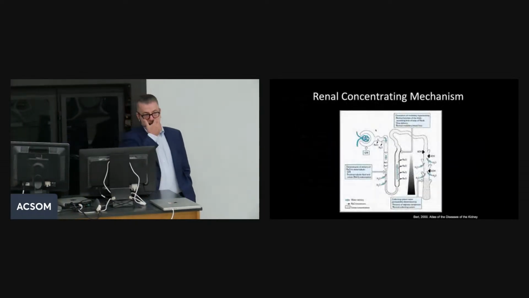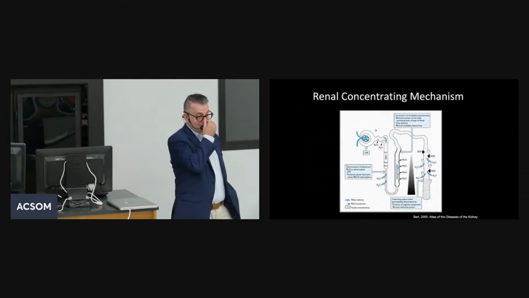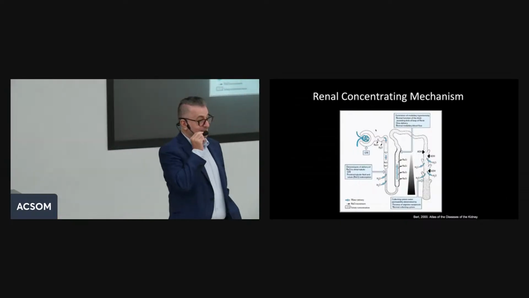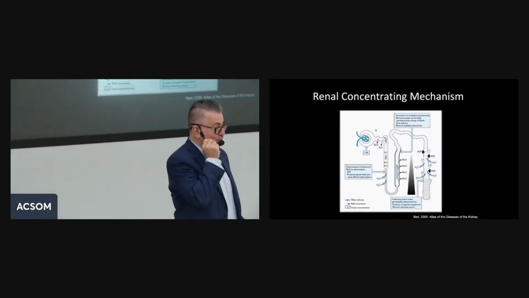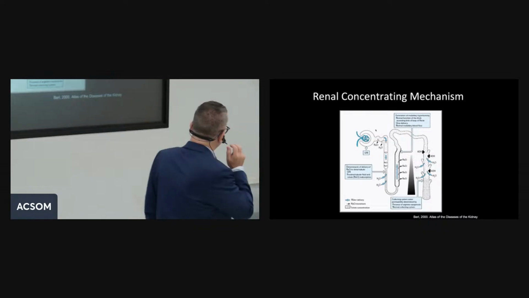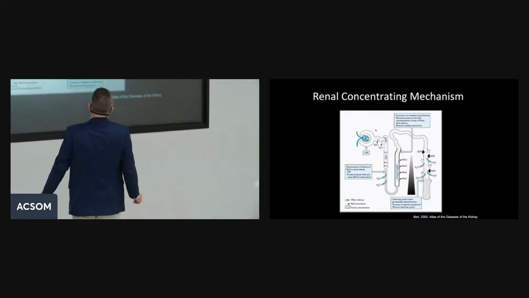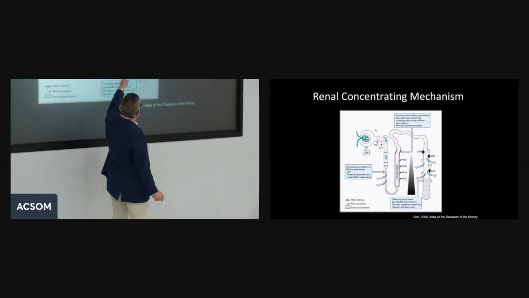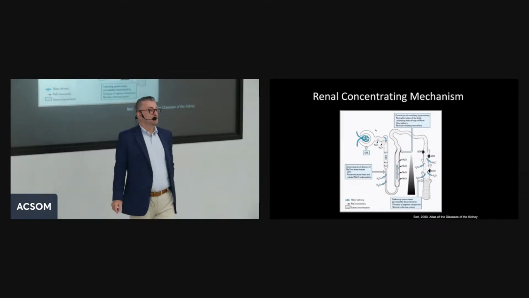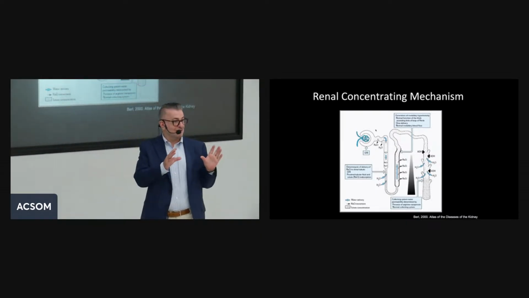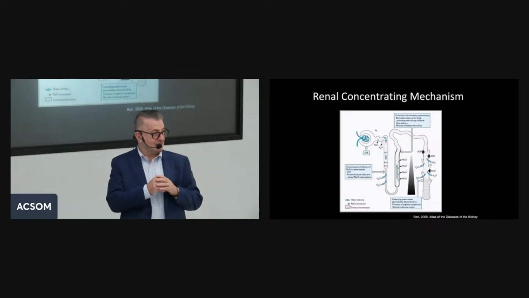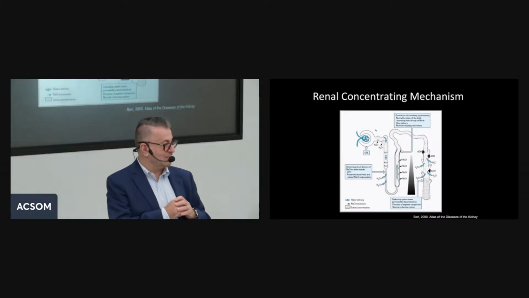So this is the bottom line. In order for the ADH to work, it needs this gradient outside the tubules. You guys know the countercurrent gradient in the kidney. Are you familiar with that?